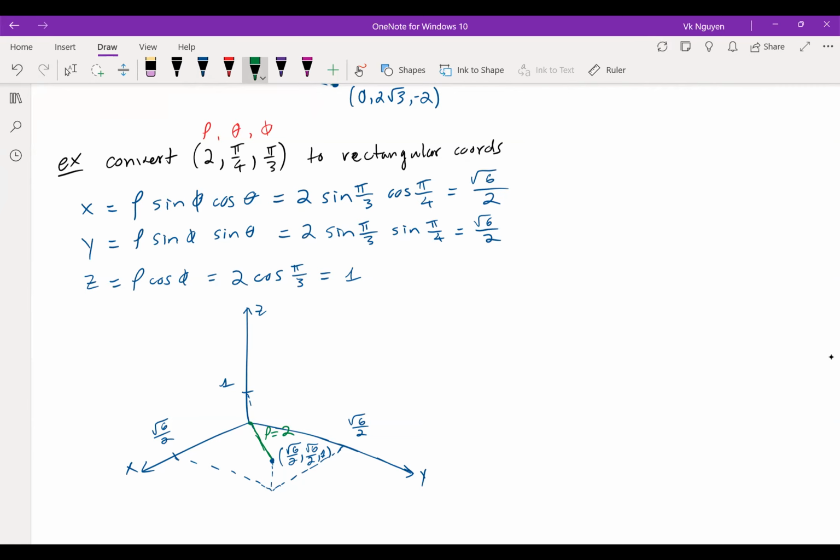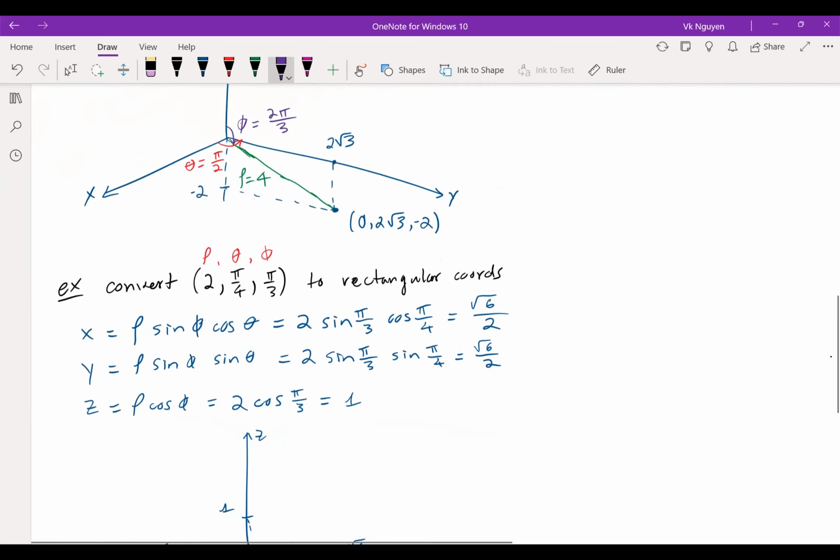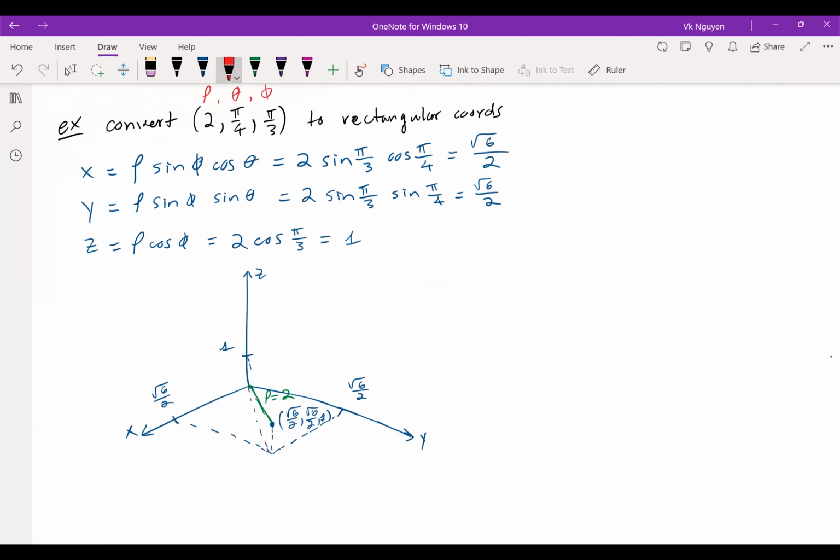The angle theta is where you get the point right here. Actually, I wanted to use the same color here.